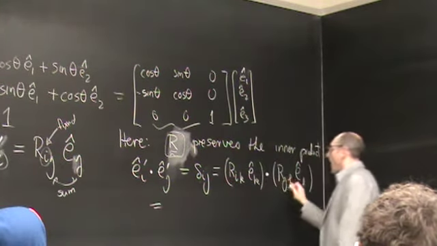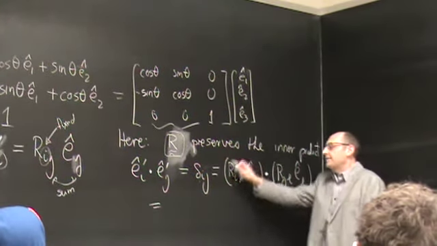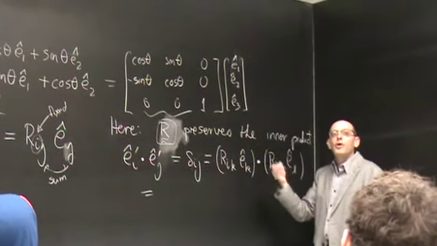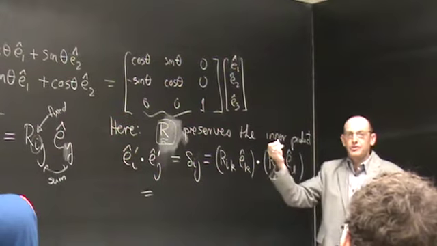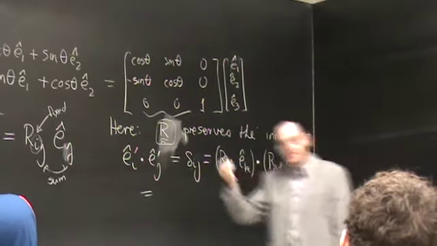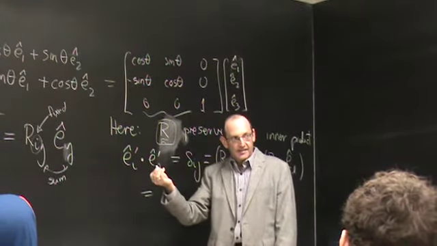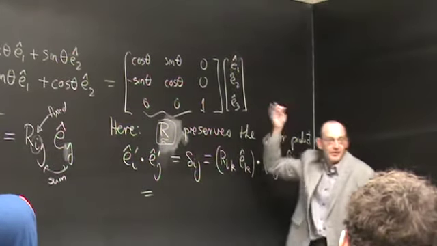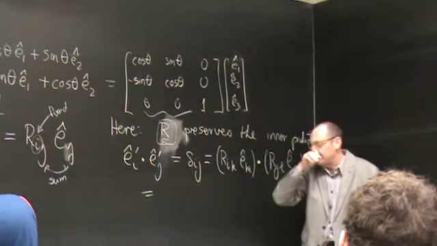Remember, these things are numbers, so I can put them any place I want, even though they're the elements of a matrix, and matrices don't commute. The matrix elements, which is what these things are, are just numbers, and I can put them in any order I like.